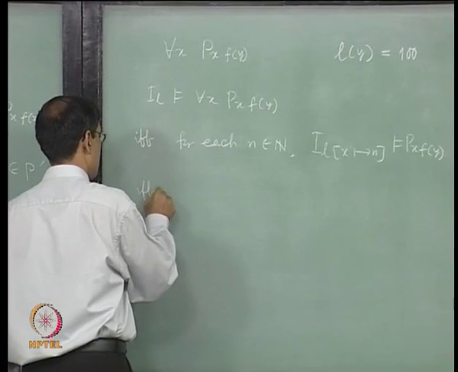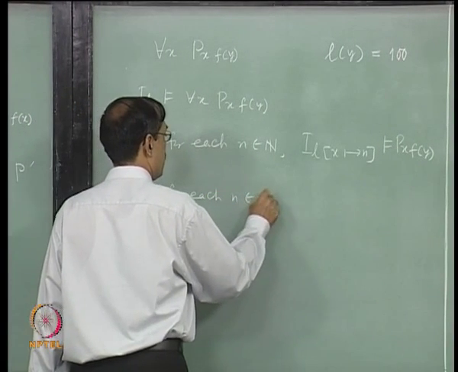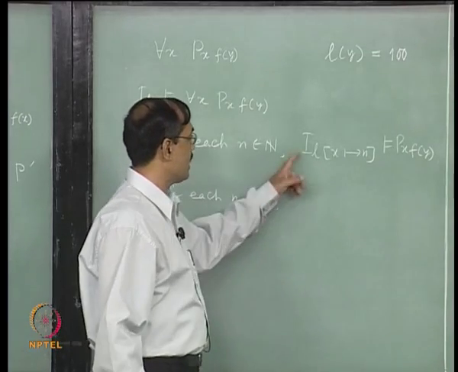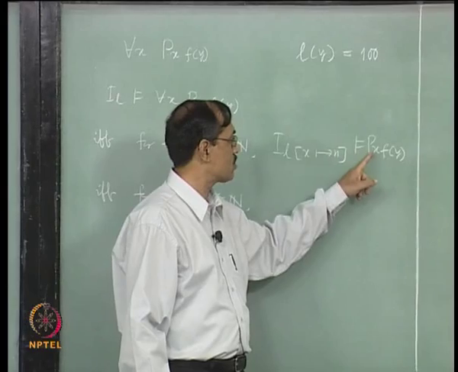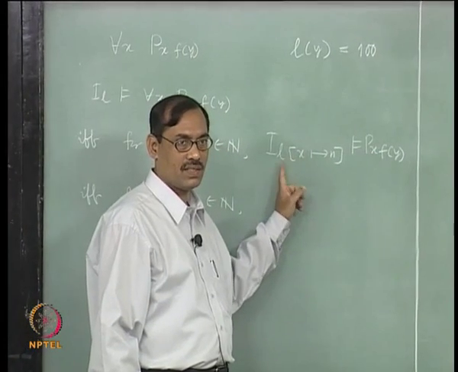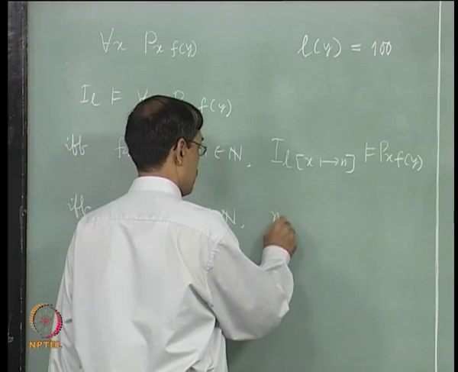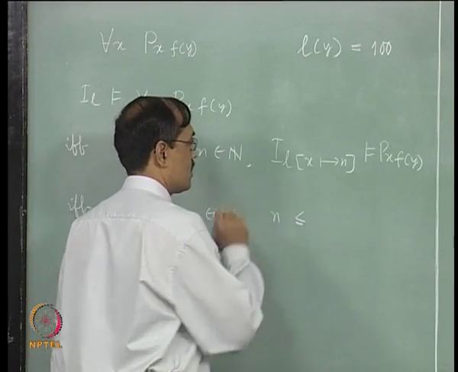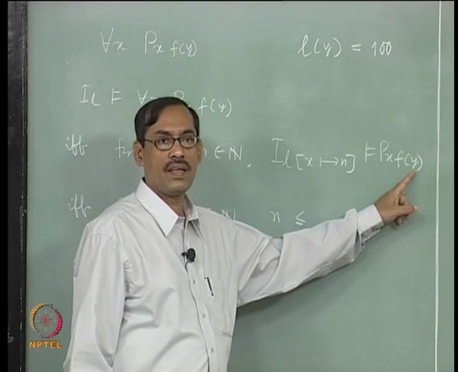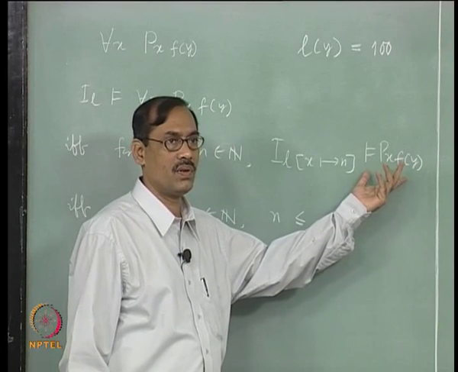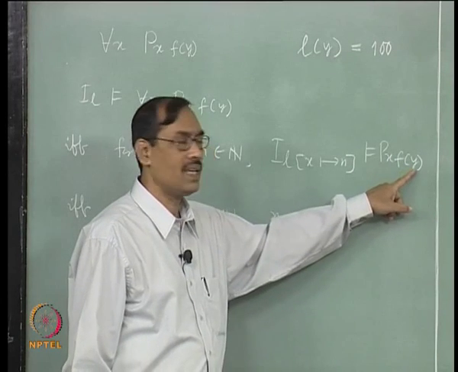If and only if for each n in N. Now, I L means p is less than or equal to anyway. So, x will be taken as n in this new valuation L x fixed to n. So, that is n. Then that is your p, and what is f of y? F is again f prime, which will be something plus 4. Okay. Now, what is y?